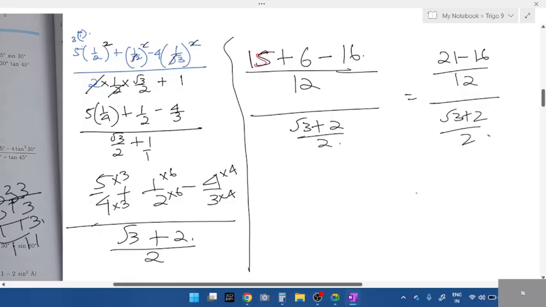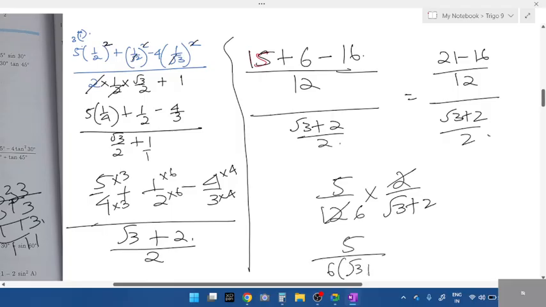What is 21 minus 16? 5 divided by 12. This I can write as reciprocal, 2 into 3 divided by 3. 2 ones are 2, 2 sixes are 12. So the answer is 5 divided by 6 into root 3 plus 2. Clear? Yeah, try it. Copy this completely.